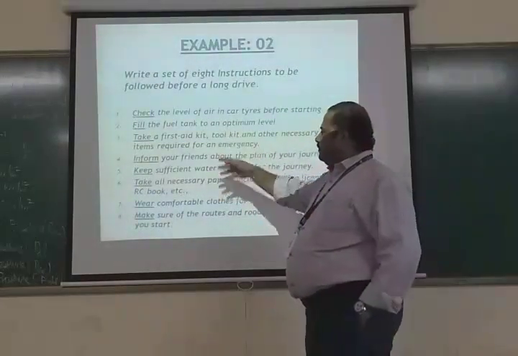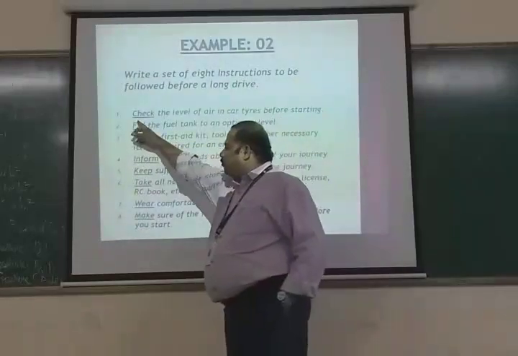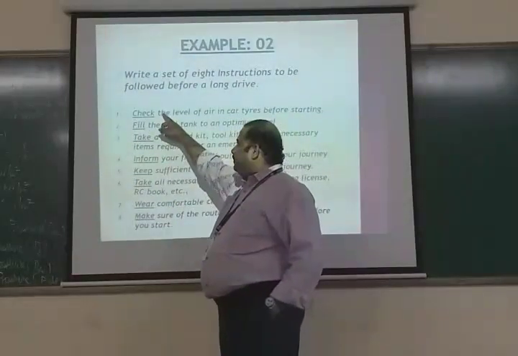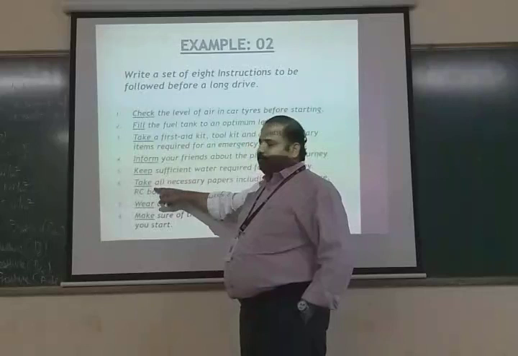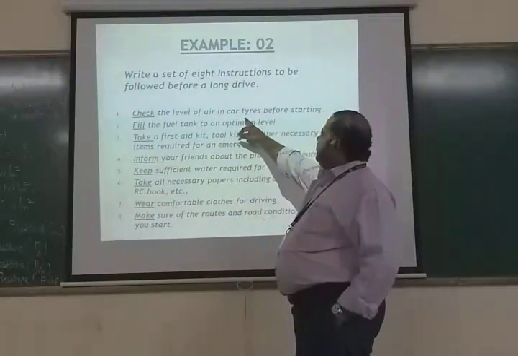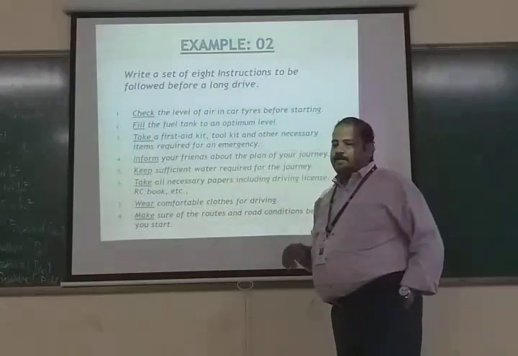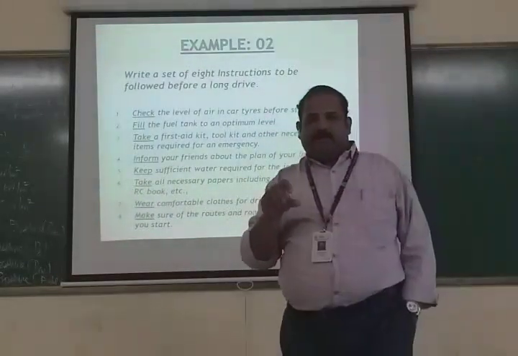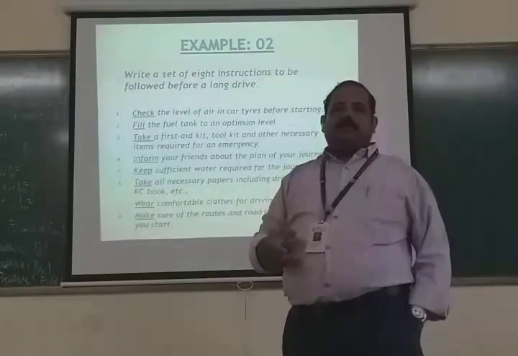So listen here, these eight sentences are given the serial number from 1 to 8. At the same time, they have underlined the first imperative form of verbs. Okay. Next, check the level of air in the car tires before starting. We have to check the air pressure in the car tires before going for a long drive.